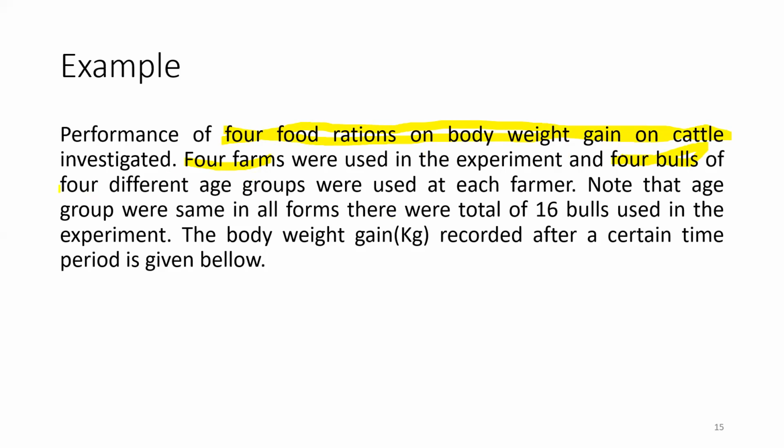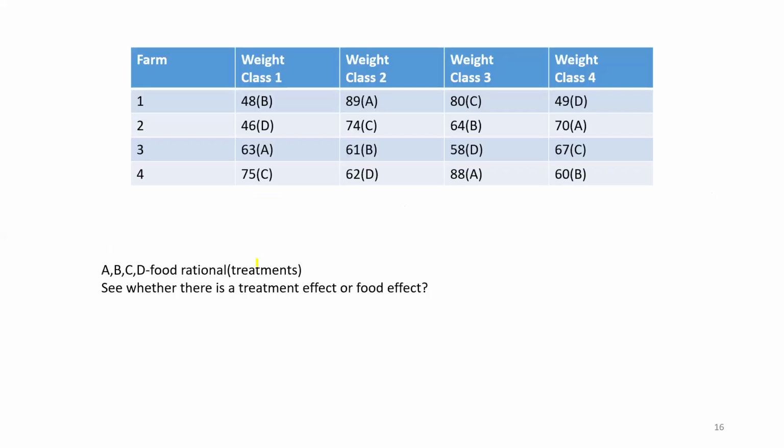Bulls are coming from 4 different age groups, and they were used at each farm. Note that the age groups were the same in all farms. There was a total of 16 bulls used in the experiment. The body weight gain in kilograms recorded after a certain time period is given below. So this is weight class 1, 2, 3 and 4. These are the farms.